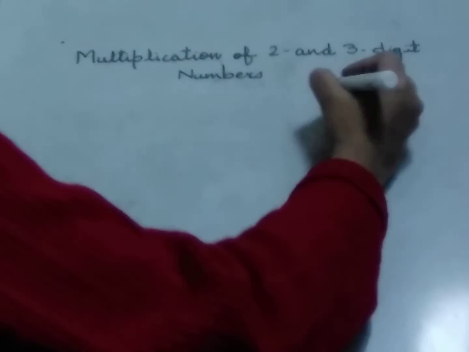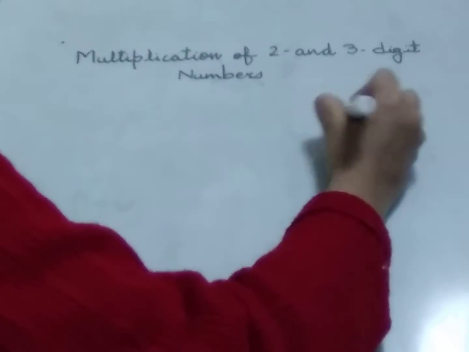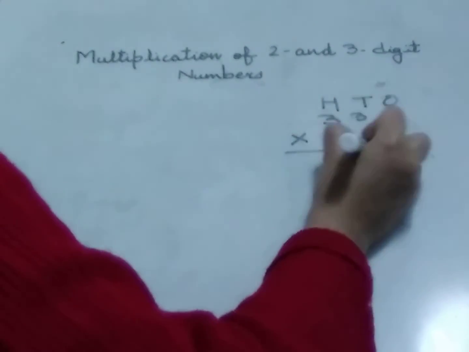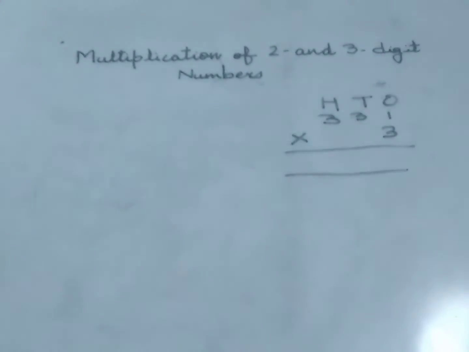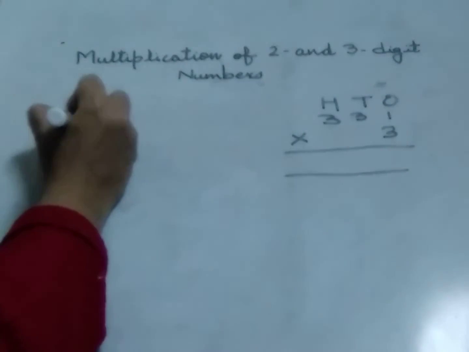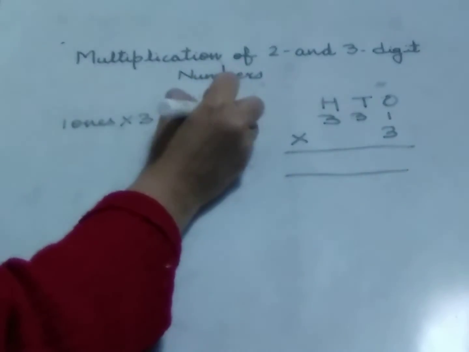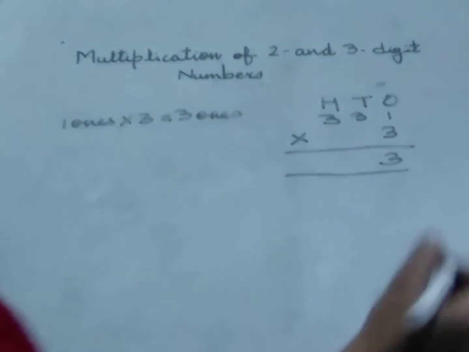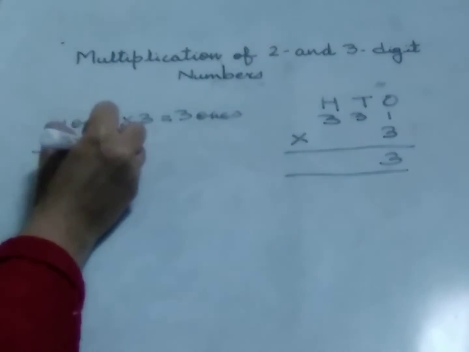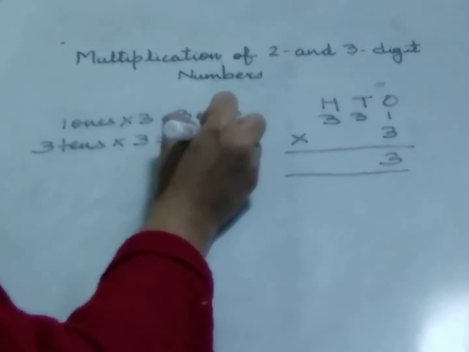Now multiply the 3-digit numbers. H, T, O. It is 331 multiplied by 3. Okay, multiply the ones first, which is 1 ones multiplied by 3. 1 three is 3, 3 ones. Write this 3 in the ones place. Now come to the tens place. 3 tens multiplied by 3. 3 threes are 9, 9 tens.